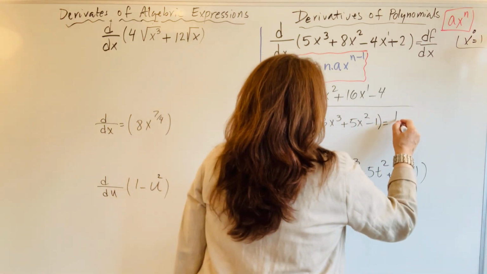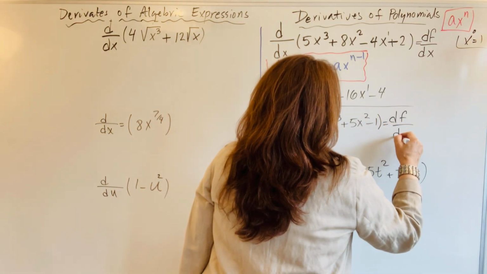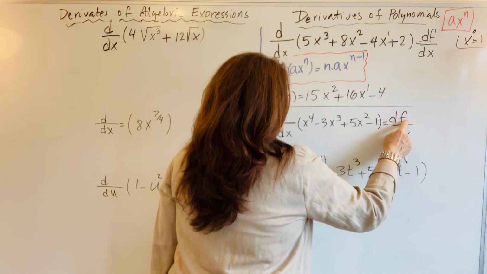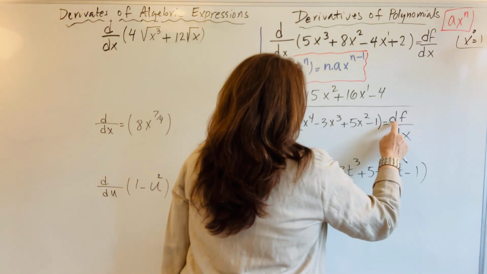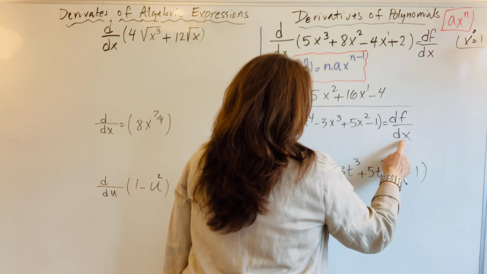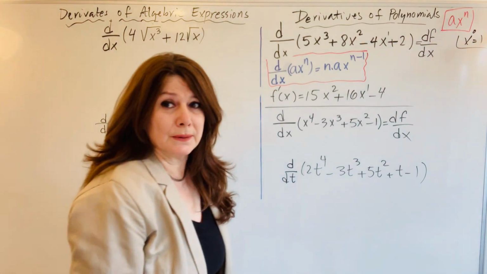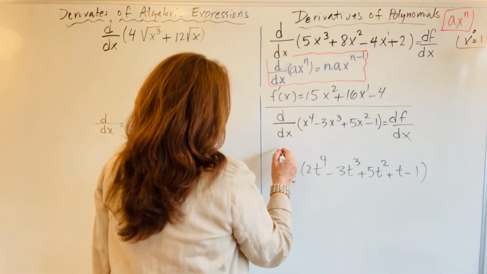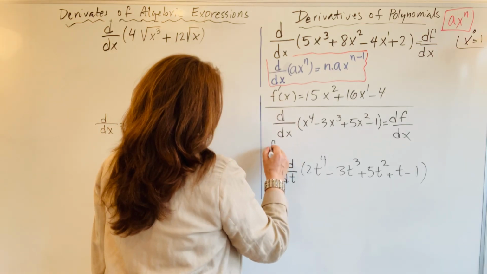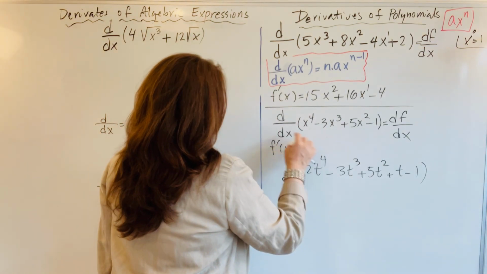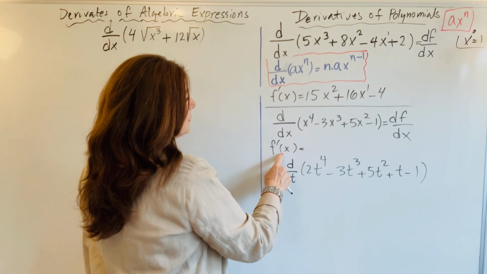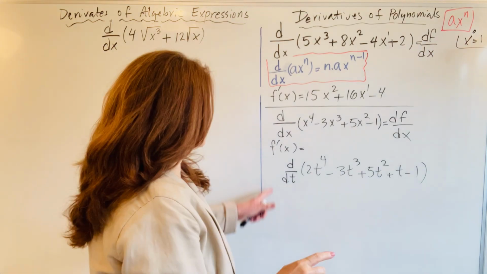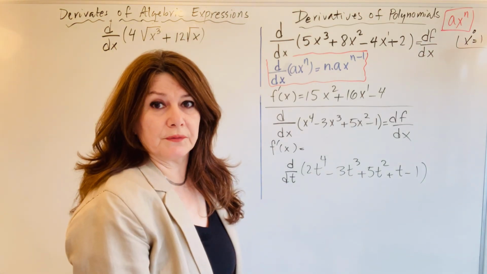We can write this as d f over d x. This is a function, and we take its derivative with respect to x as the variable. I can write this format. Anything you can write, but I write this one because I want to show you any form of notation.